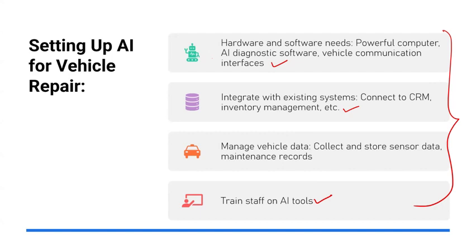So these are the setups for a service station: hardware where they will run the algorithm, software for the algorithm, powerful computers and AI diagnosis software. Along with that, vehicle communication, like OBD communication, LAN communication, and so on. It is integrated with existing systems, and will also be connected to your CRM and inventory management.